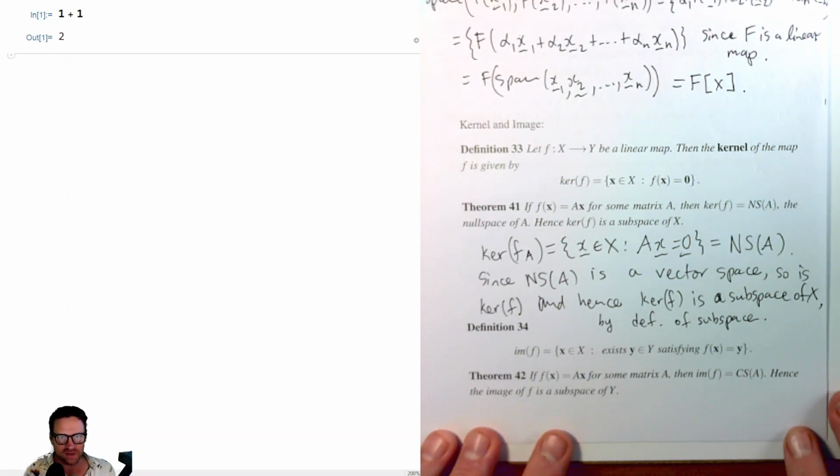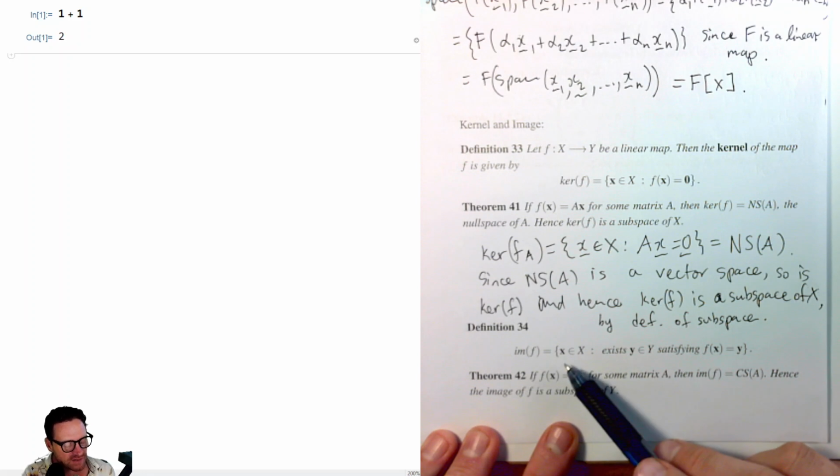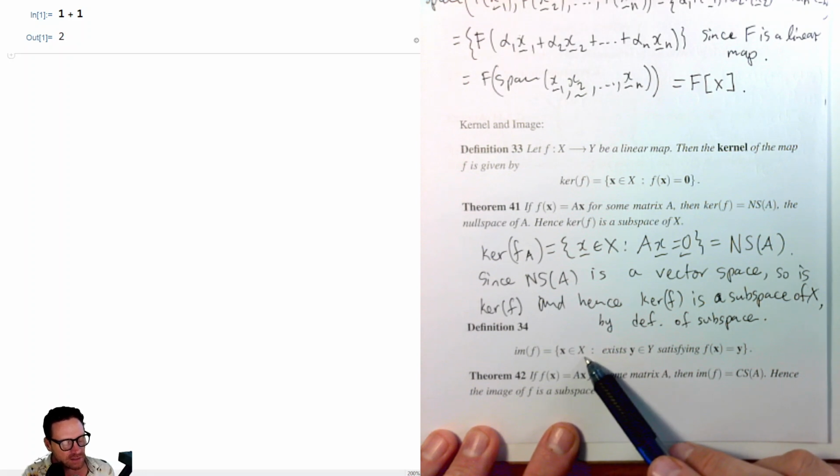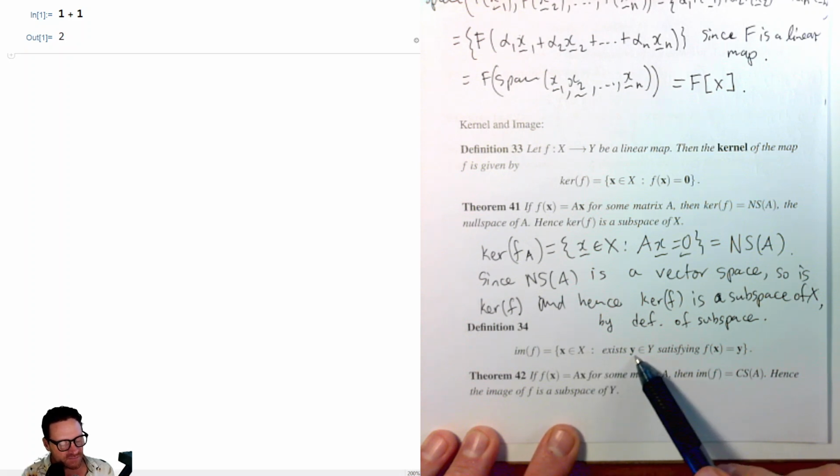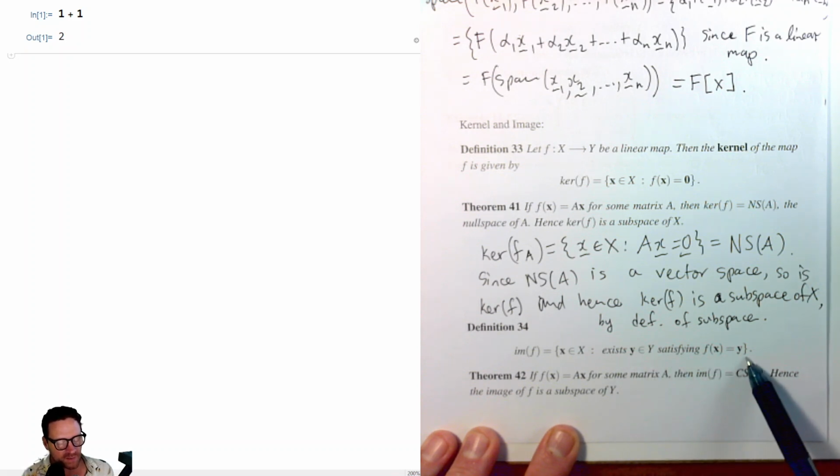Okay, image of f. This is the set of all vectors y in uppercase Y such that there exists a vector x in uppercase X satisfying f of x is equal to y.